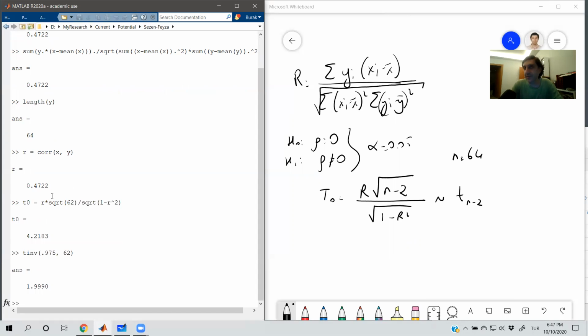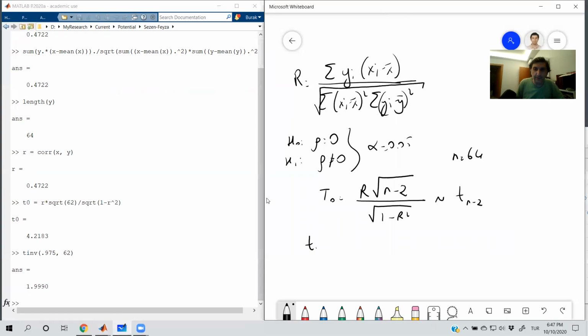So it's 1 point something, very close to 2, as you can see, since our t0 value exceeds that value. Let me write it on the whiteboard so you can clearly follow. t0 is equal to 4.28 something.